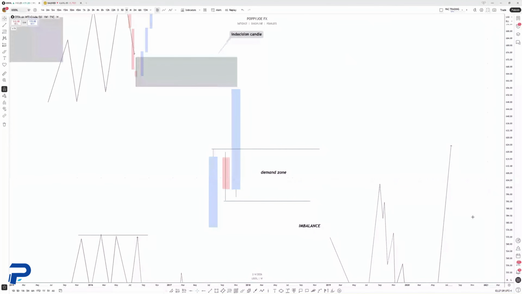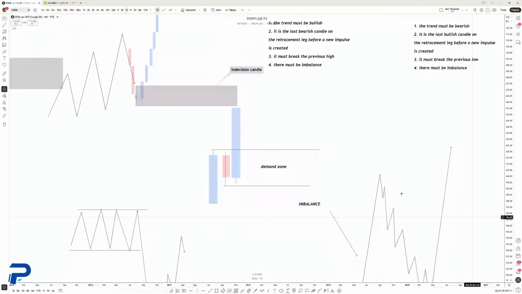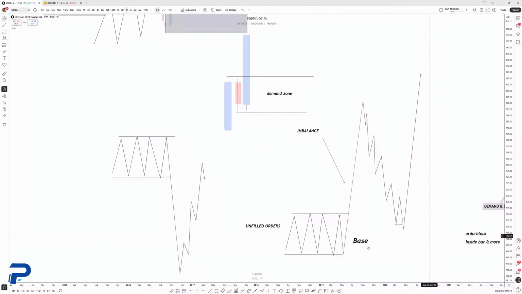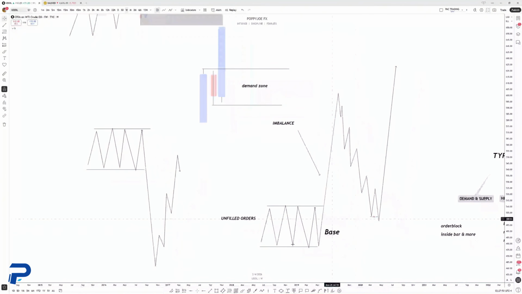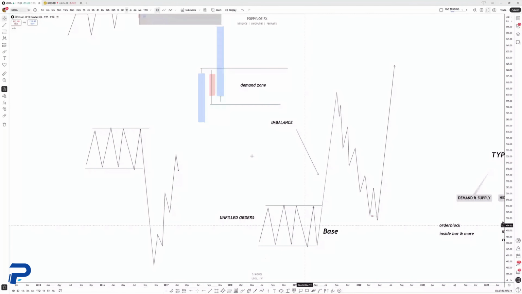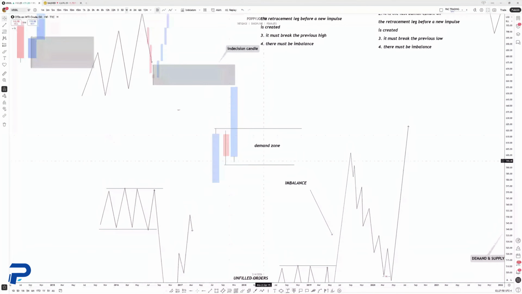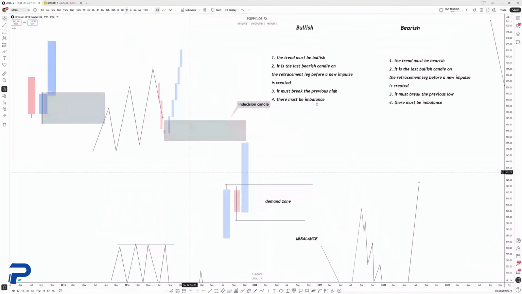Now let's apply every factor, the one we started with in the beginning. That's where we talk about the base. Let me explain something. Your POI must have something called expansion. From the foundational knowledge we had earlier, after the consolidation we have expansion. That's why the last law is the imbalance.